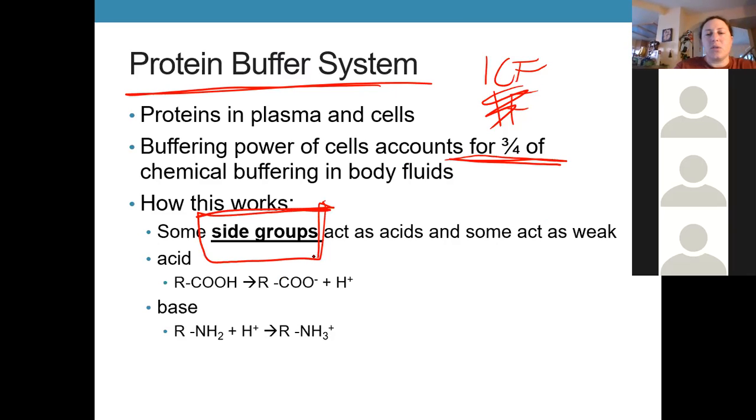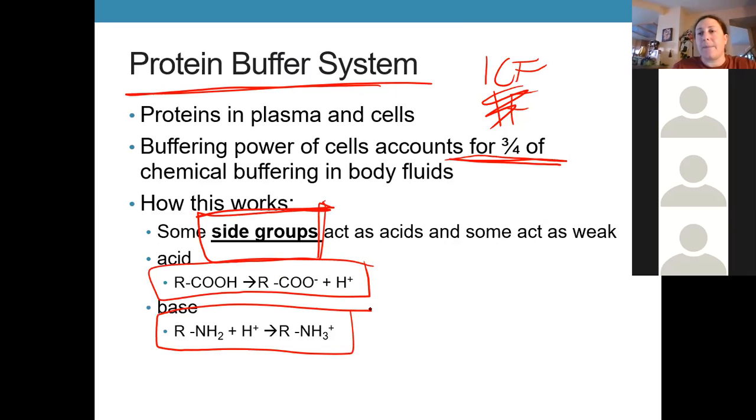And some of those side groups can act like acids and some of them can act like bases. So some of them are able to donate a hydrogen and some of them are able to bond to them. And so when a bunch of the amino acids in every single protein in every single cell in the body is able to do this, we have a very powerful buffering system.